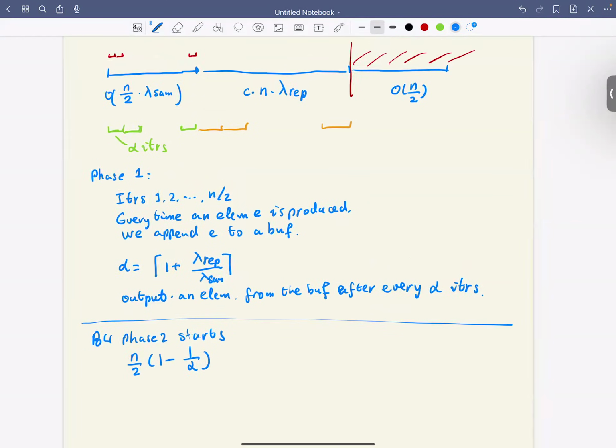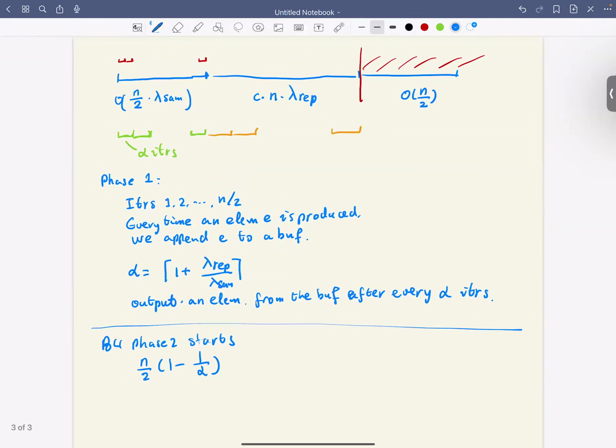Good. Now, intuitively, in solution one, phase number 2 was entirely silent. But now, since I still have a lot of elements in my hands, I can use my elements to pay for the silence. So now things become really, really easy. So you have C times N times lambda rep, for the maximum duration of the second phase, right?